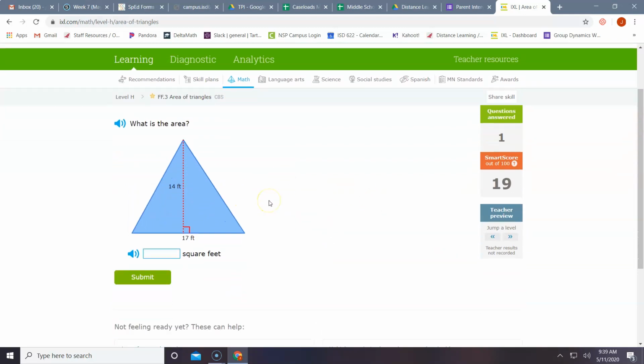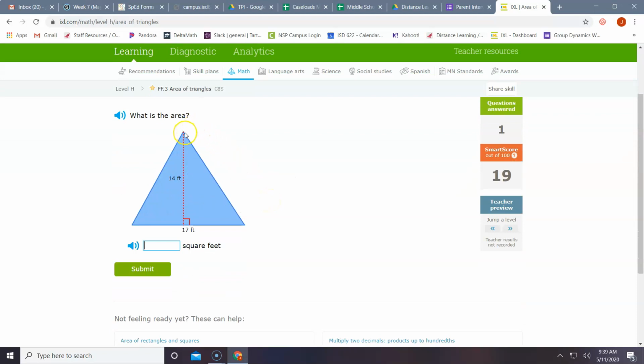Okay, this is a great one to look at as well. Here, our height is given to us from the top vertex, the point where our two sides meet, all the way down to our base, the bottom. The height that we want to always use is the one that's perpendicular or makes a 90-degree angle with our base.